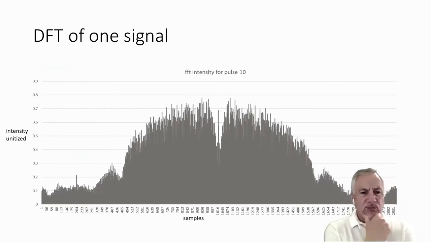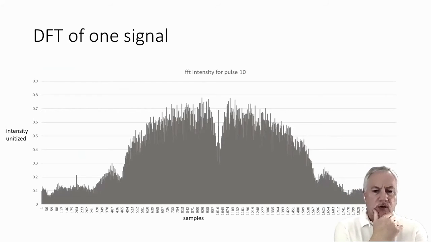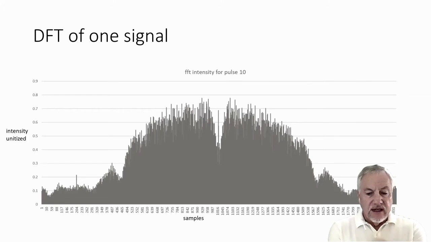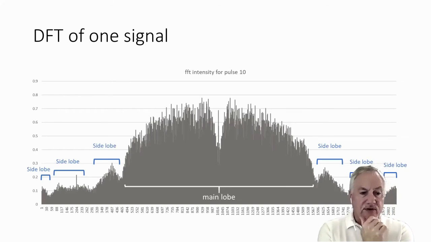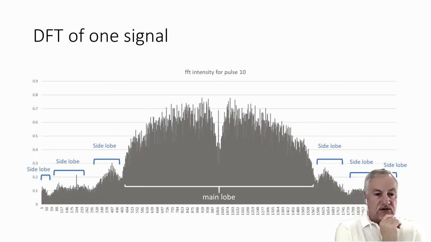Here's what a real example looks like. So this was recorded by our prototype. It's a Wi-Fi signal, and you can see that there is a main lobe in the center, and then there are what we call side lobes. And in this case, there's probably 3 side lobes that we can see here.